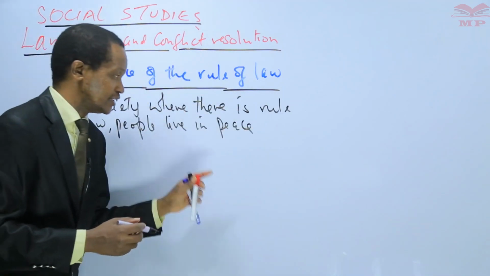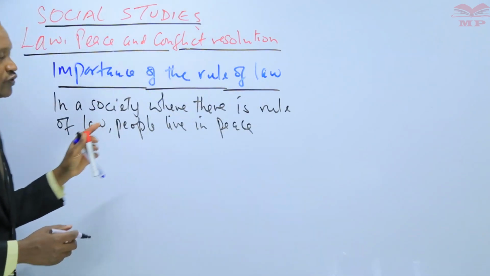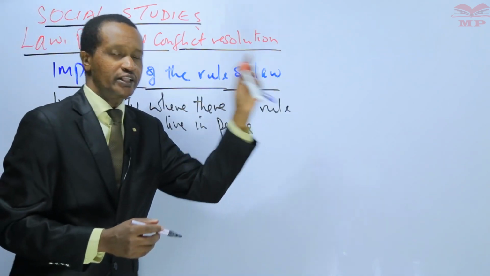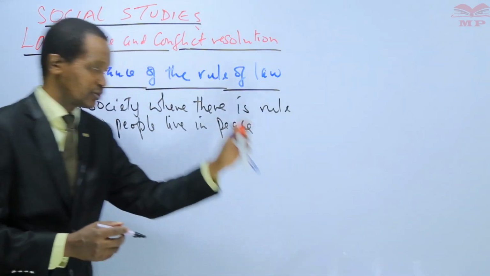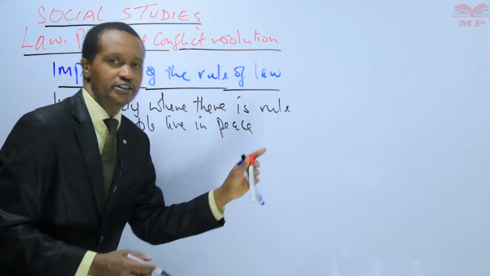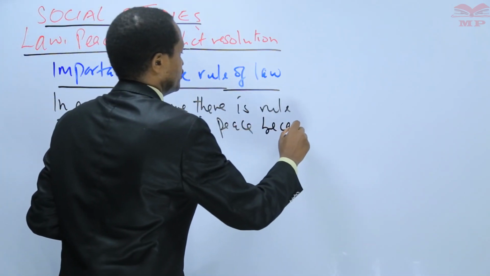So where there is rule of law, people respect and obey the law. And if those who do not obey the law are punished, then people live in peace because of the following reasons.